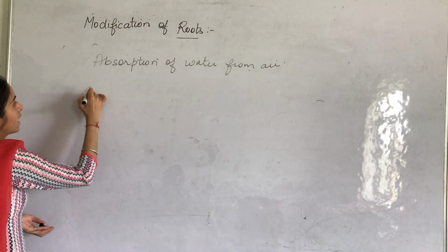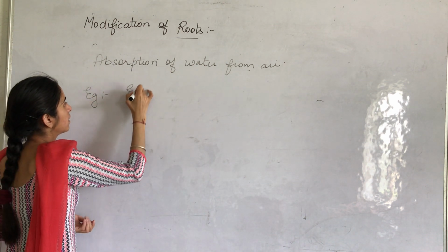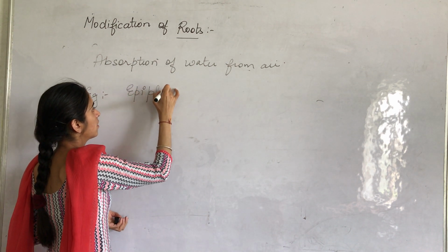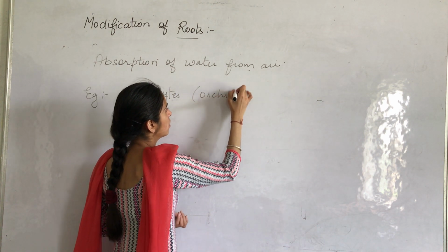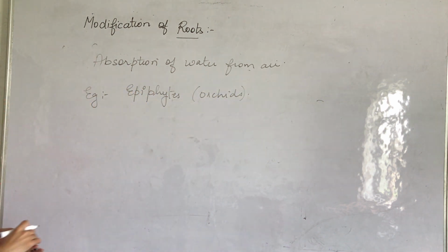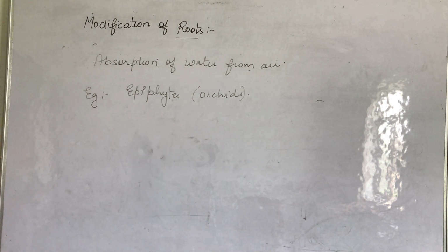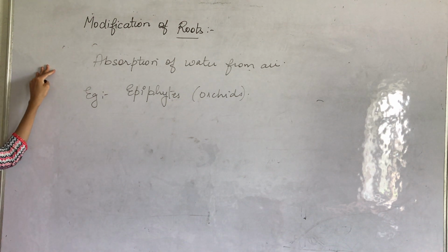For example, in the case of epiphytes, you can say orchids. Their roots perform the secondary function known as absorption of water from the atmosphere. These roots hang down and absorb moisture from the atmosphere for the plant.